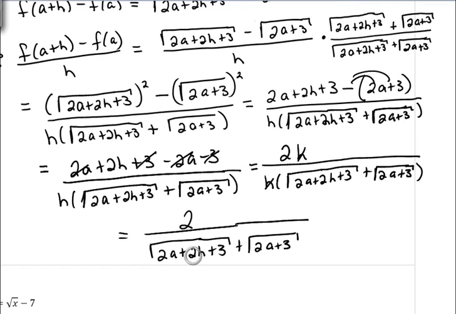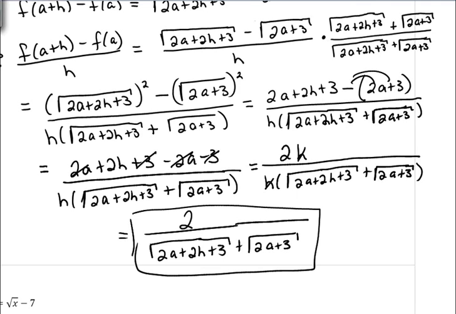There still is this h down in the denominator, but when we replace this h with 0, it's not going to cause us to divide by 0 like the other h would. So this h is okay because replacing it with 0 won't cause us to divide by 0 with this expression. And so there's our final answer for that one.